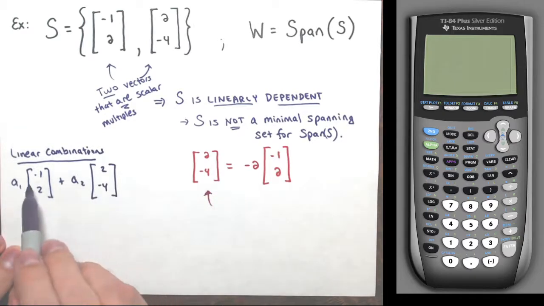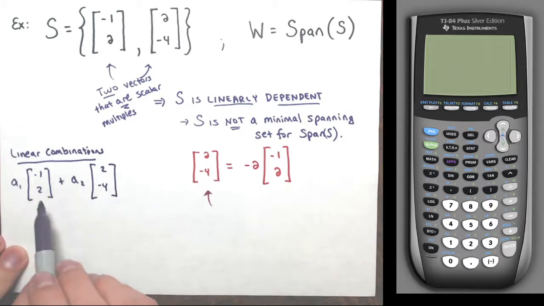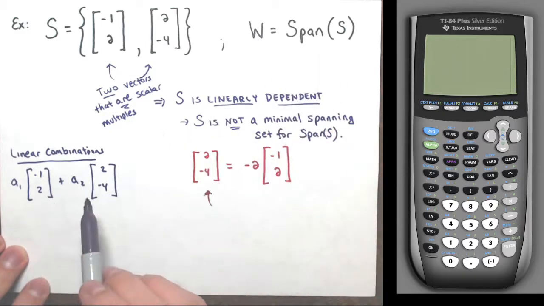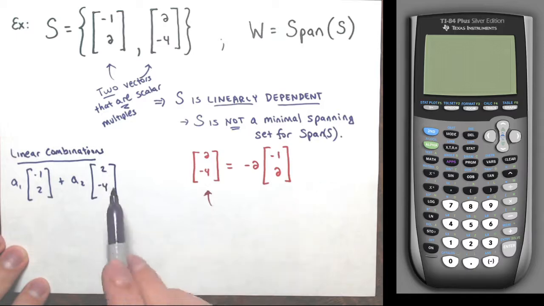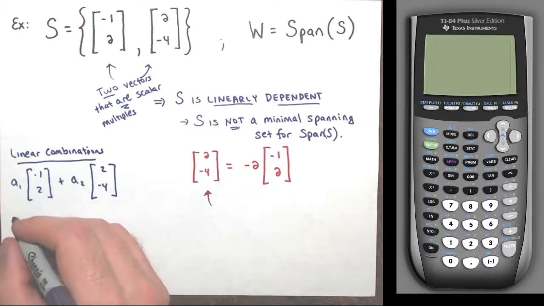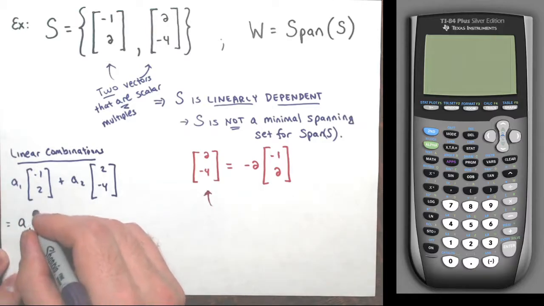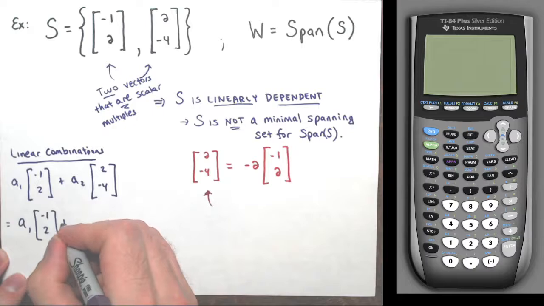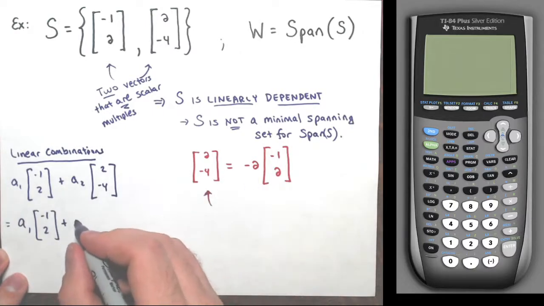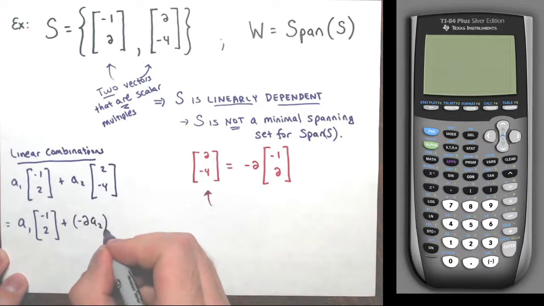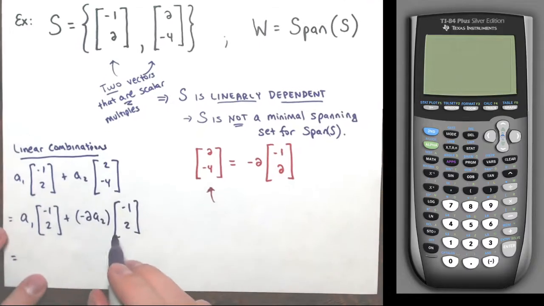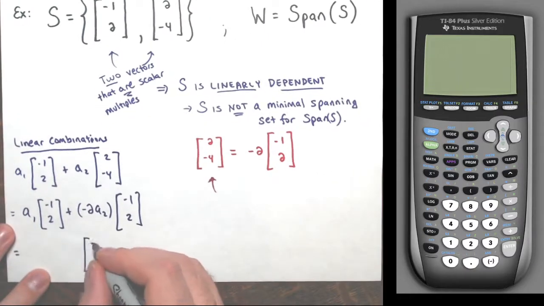Every single thing that looks like this is in W. That's what the span of S is, the collection of all linear combinations of the vectors of S. But I just told you that 2, -4 depends on -1, 2. So this is the same thing as A1 times -1, 2 plus, if I replace 2, -4 with -2 times the vector -1, 2, -2A2 times -1, 2. And do you see how both of these now have the vector -1, 2 in it? So I could factor that out.